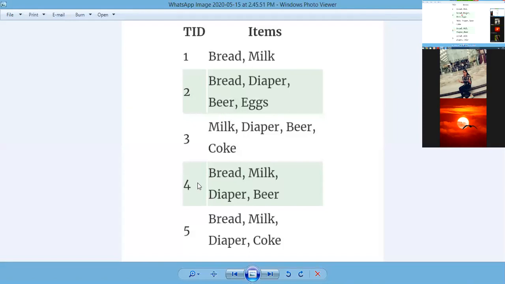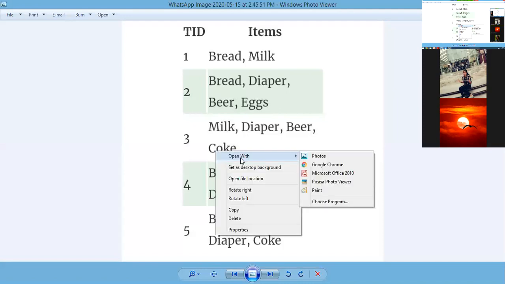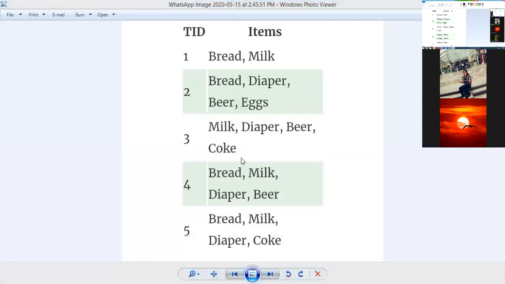So I have found one data set with the transaction ID. Kindly keep the support 50%, confidence 75%.